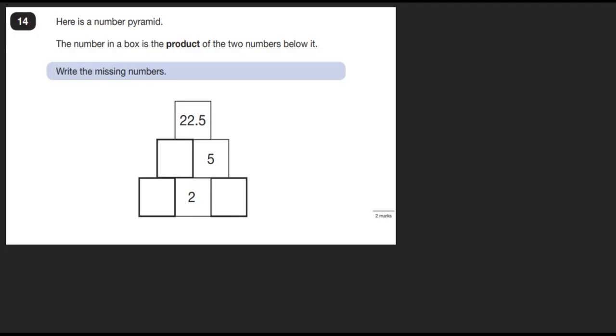Question number 14. Here is the number pyramid. The number in a box is the product of the two numbers below it. So that means this 22.5 is the product of these two numbers. Whatever the empty number is, times 5 gives 22.5. So you need to do the opposite operation, which is 22.5 divided by 5. 5 goes into 22 four times, which is 20, 2 remaining for 25. Make sure you put the decimal. 5 times 5 is 25.